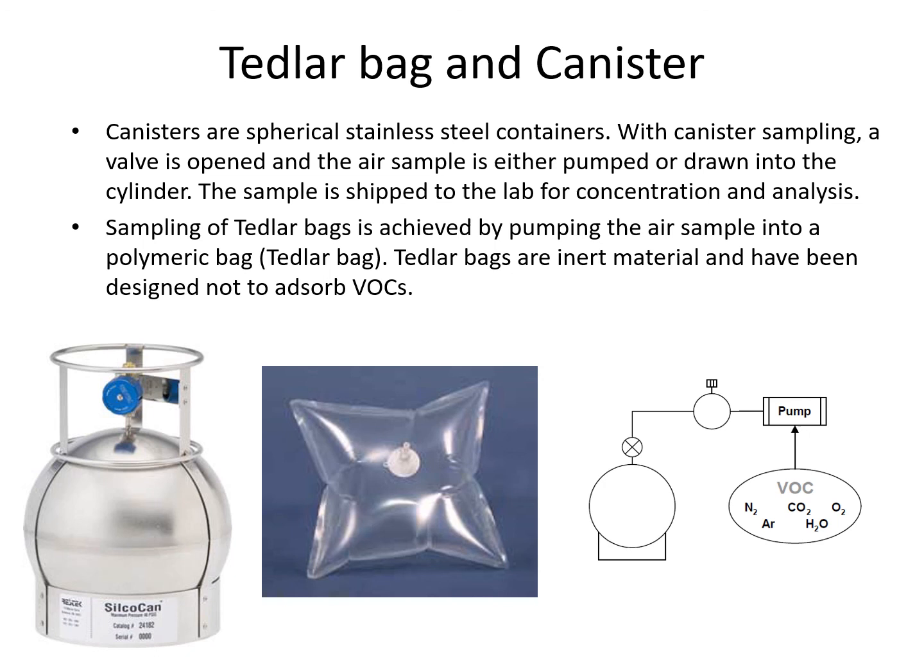The sample is shipped to the lab for concentration and analysis. Sampling with Tedlar bags is achieved by pumping the air sample into the polymeric bag. Tedlar bags are made of an inert material and have been designed not to absorb the VOCs. So by using the Tedlar bags, canisters and cartridges, we can analyze gases from the environment.